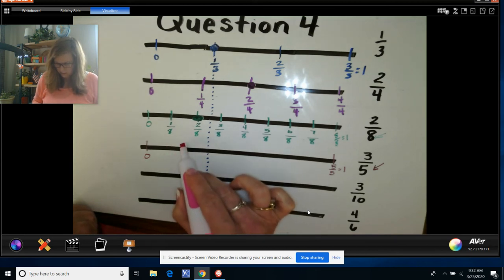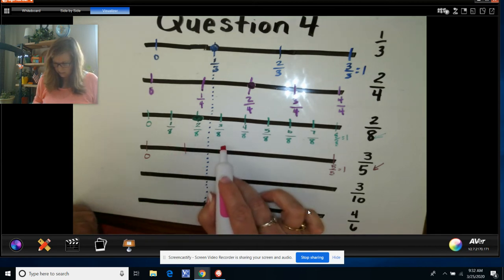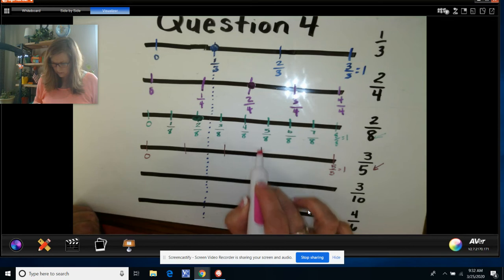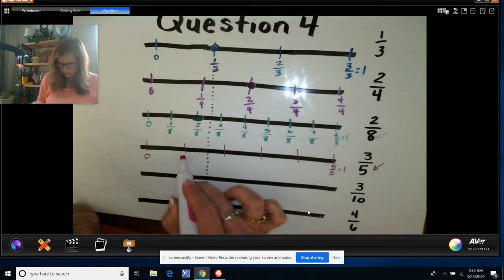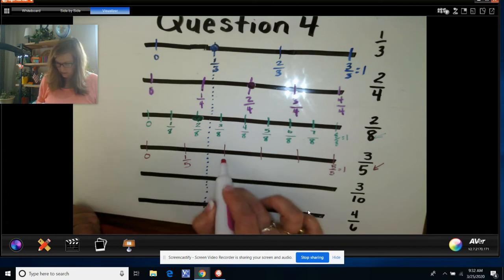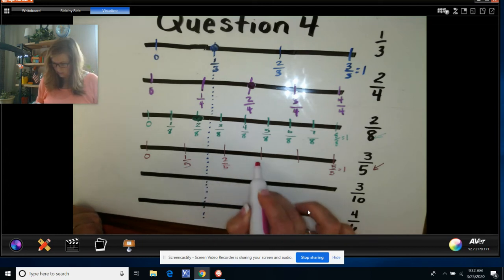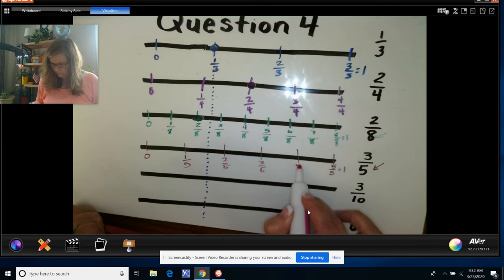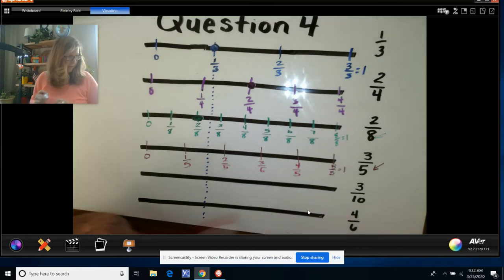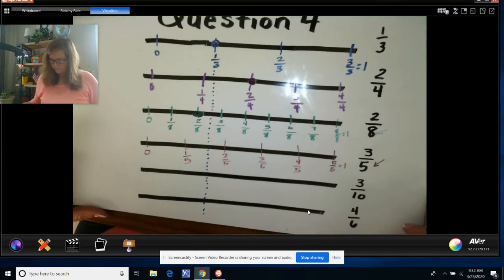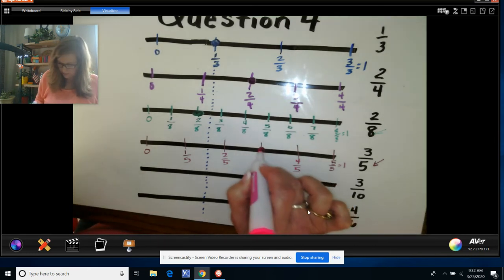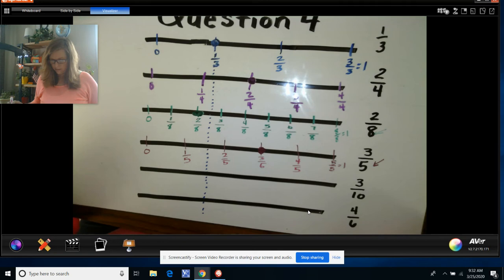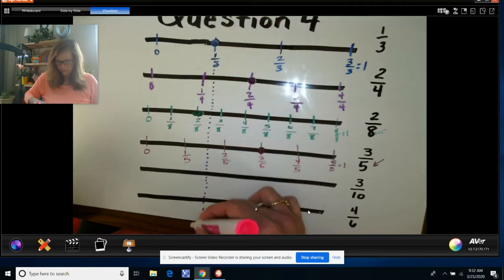I'm going to try to kind of eyeball it. 1, 2, 3, 4, 5. So here is your 1/5, 2/5, 3/5, 4/5, and your 5/5. All right. So now we need to mark 3/5. So here is that 3/5 right there. Okay, think about where our 1/3 is.